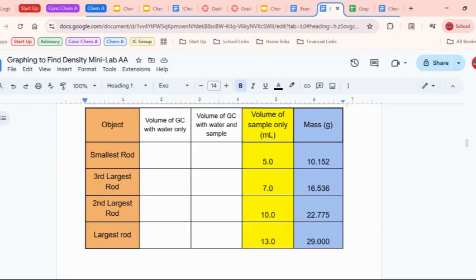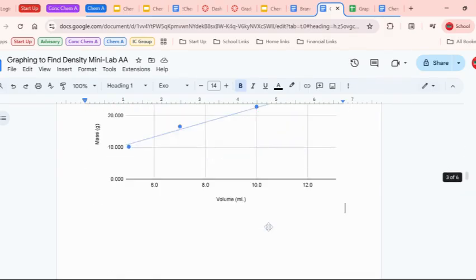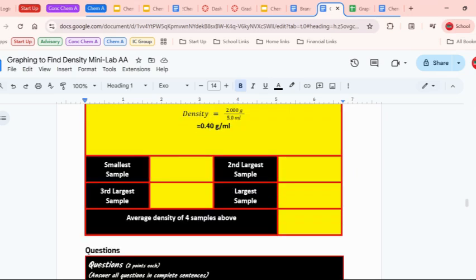So when we divide 5 sig figs by 3, our answer can only be in 3 sig figs. So going down to this table, these two boxes here should be reported to 2 sig figs. These two boxes here should be reported to 3 sig figs.